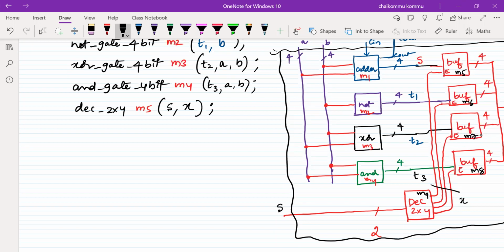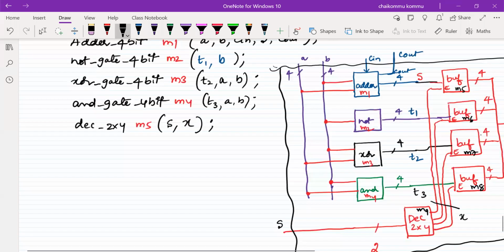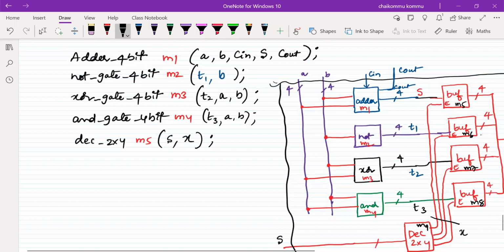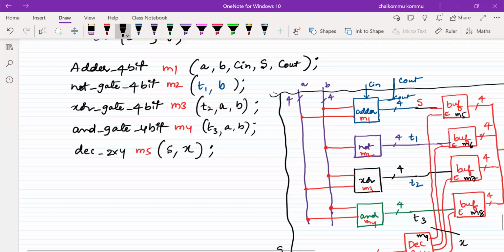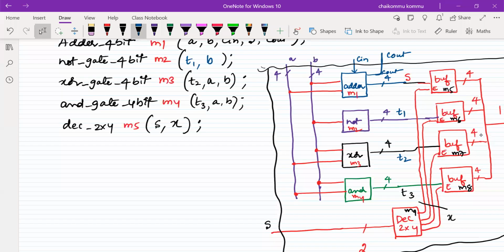The last one is buffers. How many buffers are there? 4 buffers are there. We have to call the buffer 4 times. What is the name of the buffer we have written? Buffer underscore 4-bit, called M6. What are the variables?